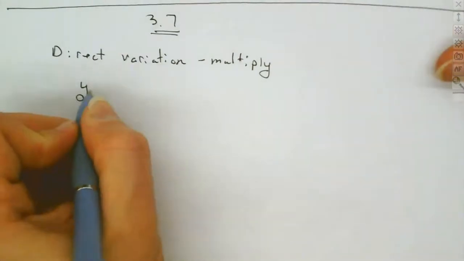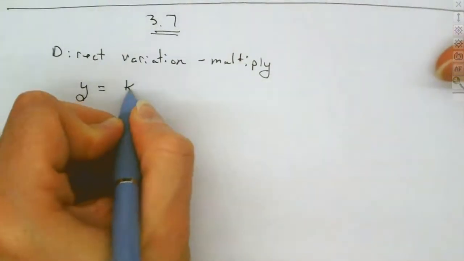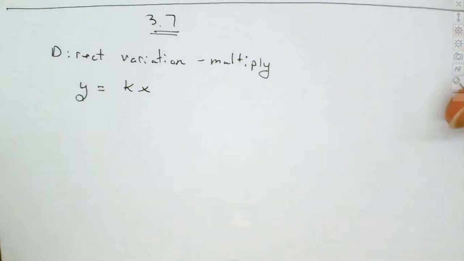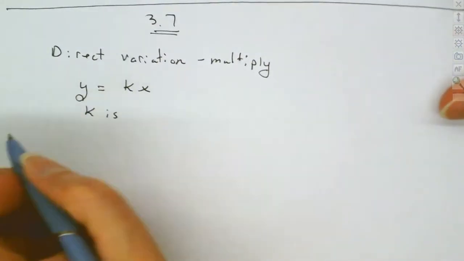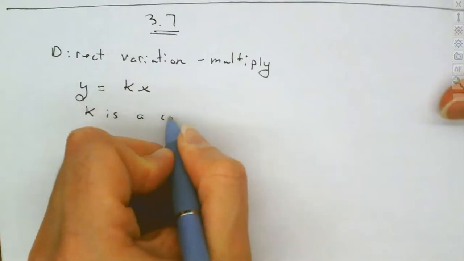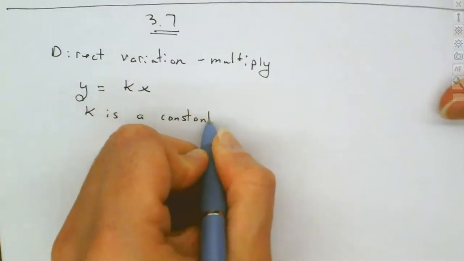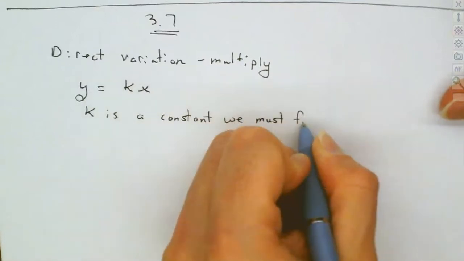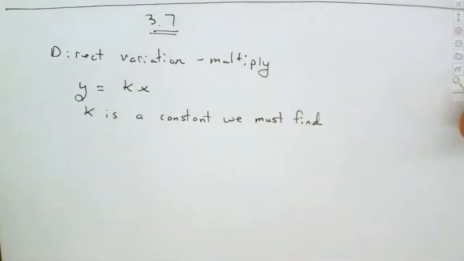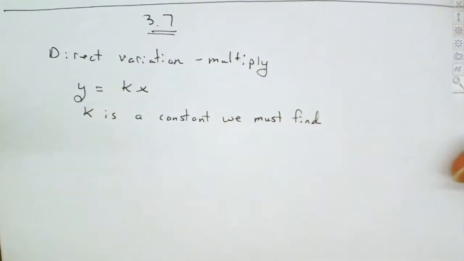Now, your direct variation formula is y equals kx, and k is a constant that we must find.